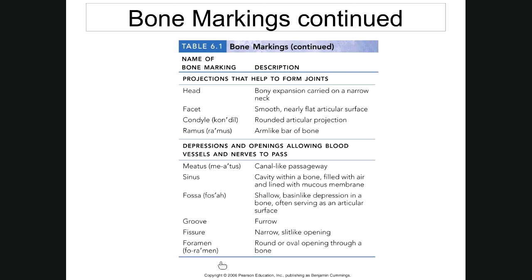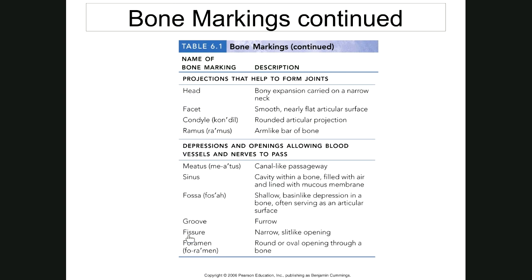A really important one to remember is foramen. Here it is at the bottom. Foramens are holes, a round or oval opening through a bone. It's what blood vessels and nerves go through, a passageway for blood vessels and/or nerves.